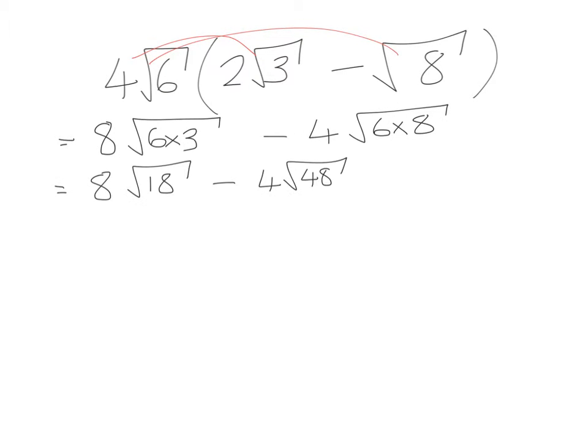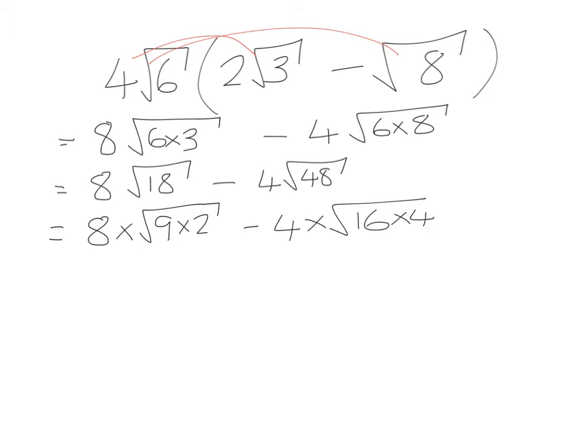Okay, looking at the things inside my square roots, I can actually rewrite these to involve square numbers. So I can rewrite the square root of 18 as 9 times 2. And I can rewrite 48 as 16 times 4. Okay, so I'm now going to split these up.